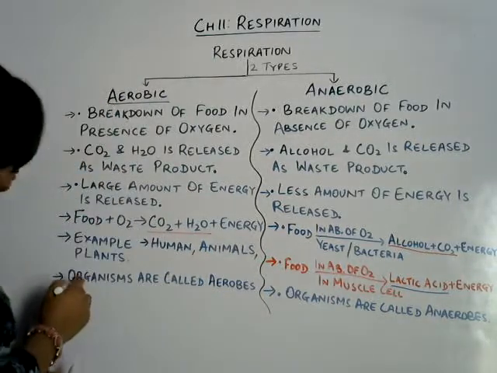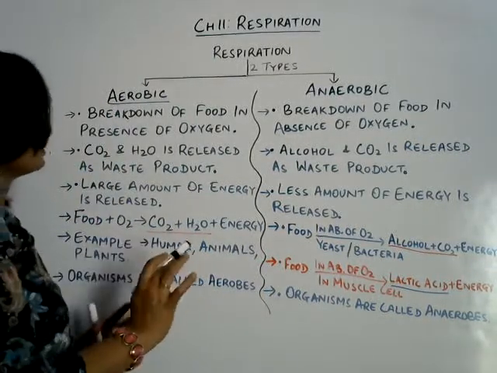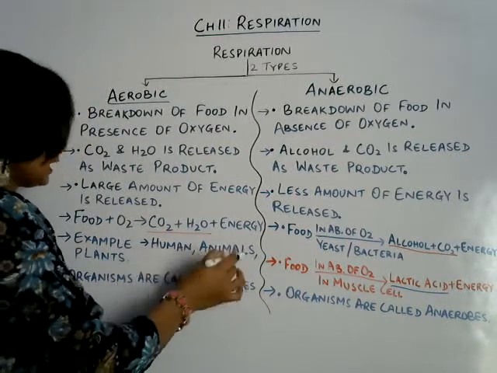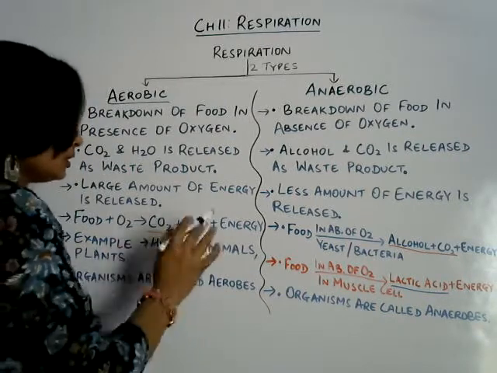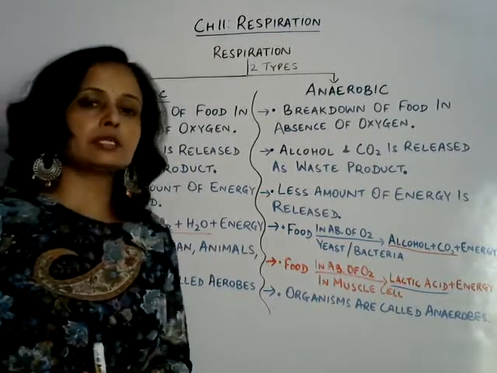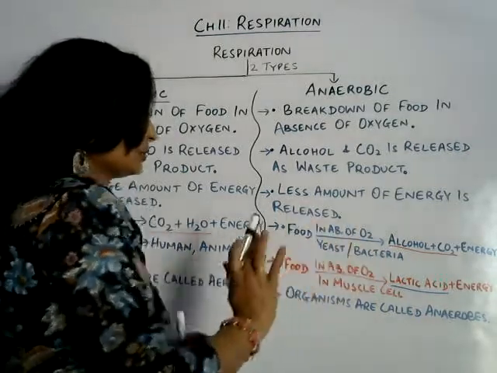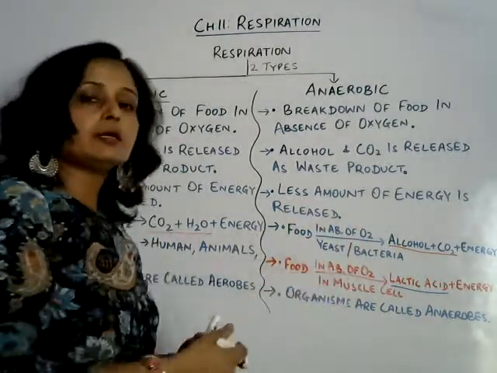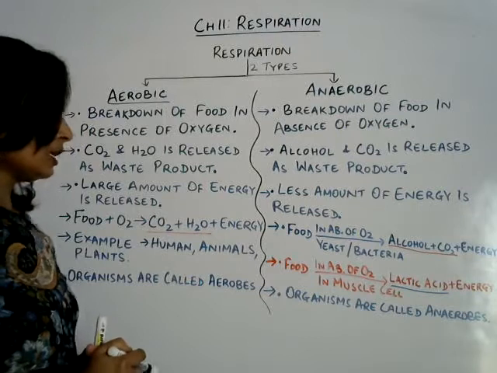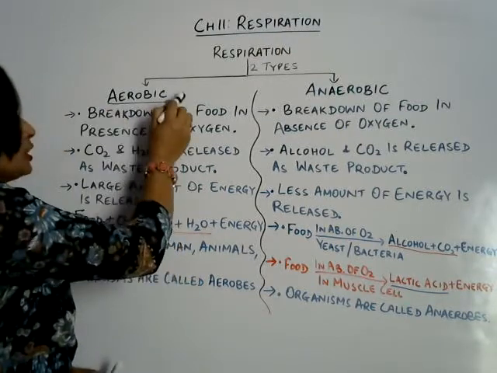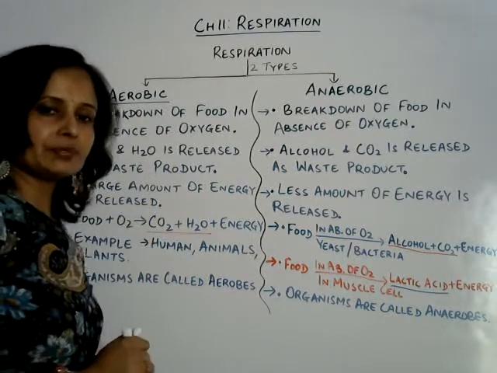Now let us check the examples of aerobic respiration. In which organisms does it take place? Humans, animals, plants. In all kinds of living organisms, aerobic respiration basically takes place, except yeast and bacteria, and sometimes in muscle cells. Now, what do we call those organisms which show the process of aerobic respiration?